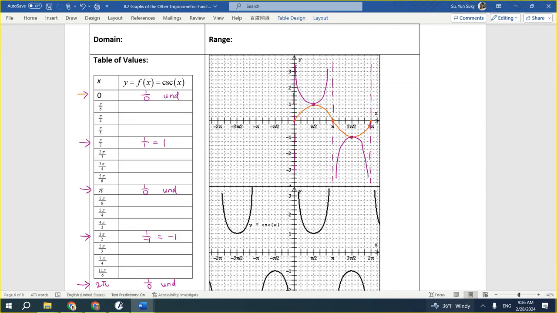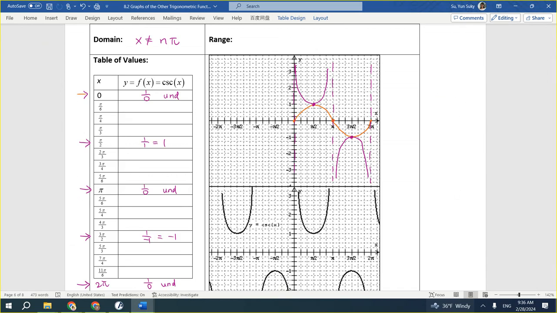All right, so tell me, what's the domain? Look at those vertical asymptotes. X cannot be 0, X cannot be pi, X cannot be 2 pi, so X cannot be any multiple of pi. Right, everybody? How about the range?